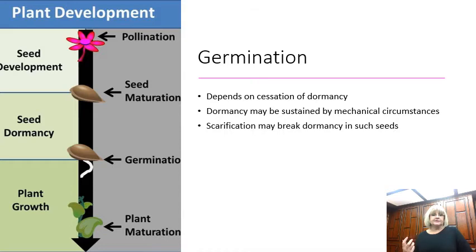Okay, so on your plant development, we know that there's pollination, then the seed development, the seed maturation, seed dormancy, then germination, then the plant begins to grow, and then it produces a new plant, and then it starts all over. But germination of a seed depends on the cessation of dormancy. And dormancy may be sustained by mechanical circumstances, and scarification may break dormancy in such seeds.